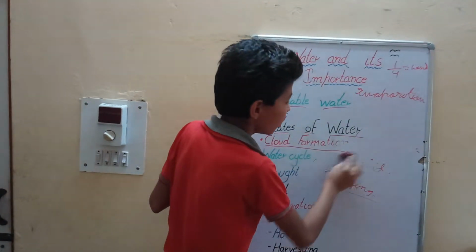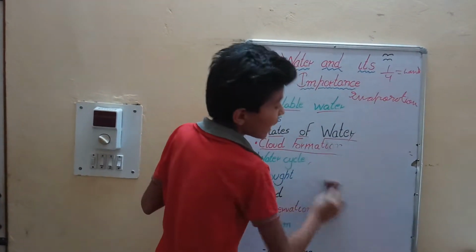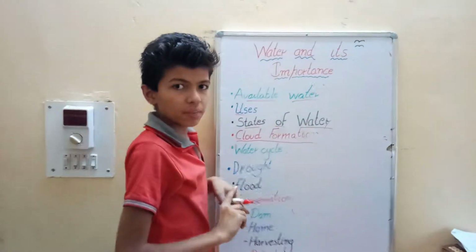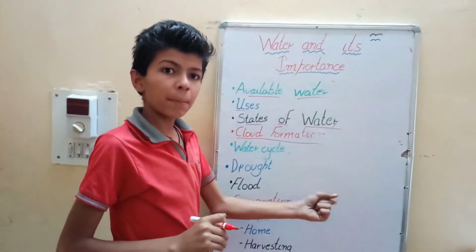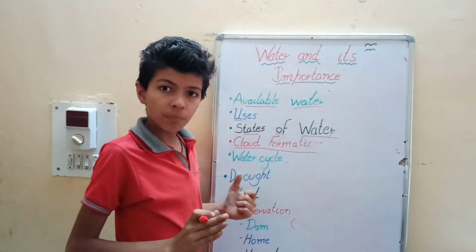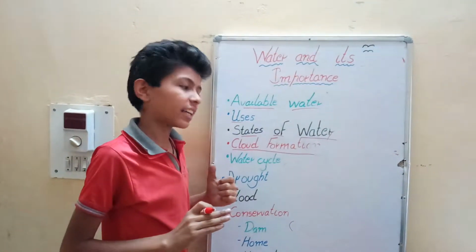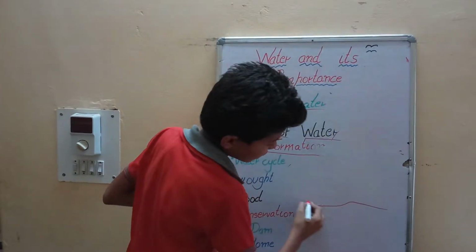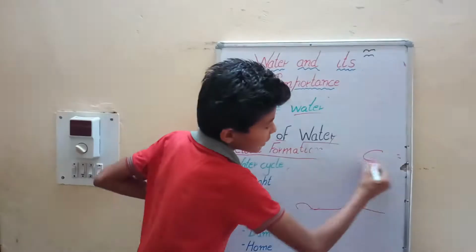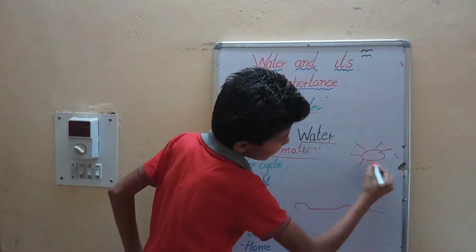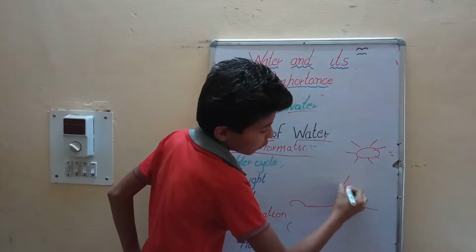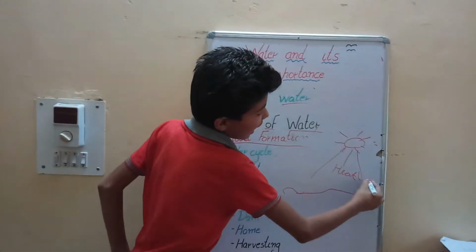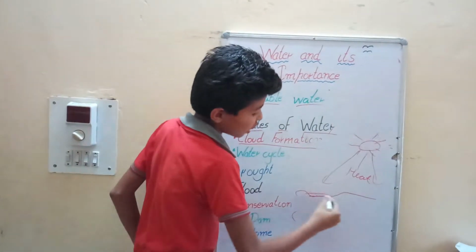In the earlier topic, we discussed evaporation and condensation. This evaporation and condensation play a vital role in the formation of a cloud. How? This is the earth surface and water. This is the sun, which gives out heat on the earth and evaporates the surface water.